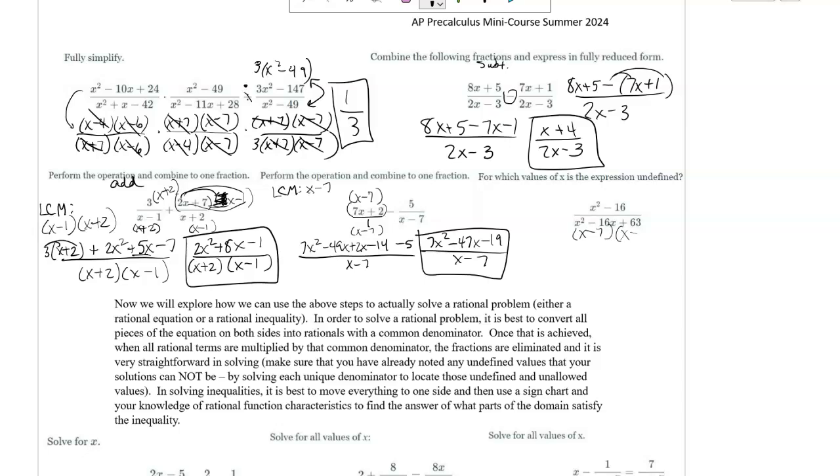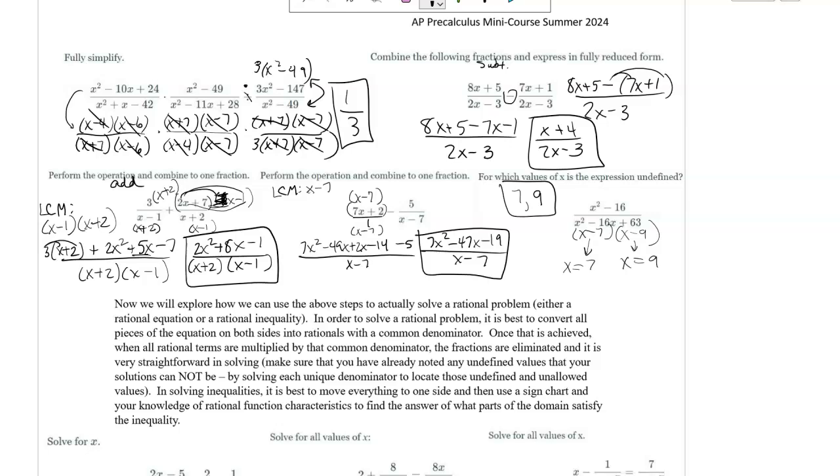I'm not so interested in the numerator here, and I know that this represents an undefined value. I cannot have x be 7. If I plugged a 7 in here, it would make this denominator equal to 0, as well as the number 9. So it says, for what values of x is the expression undefined? 7 and 9. Those are my two values that I cannot plug in for x.